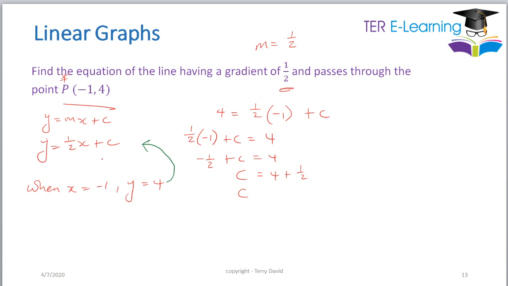So therefore, c is equal to 9 over 2. Did you all get that? Or did I see 7? Did I make a mistake? Let's see. Gradient is a half, x equal minus 1, y equal 4.